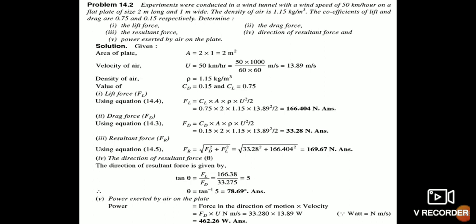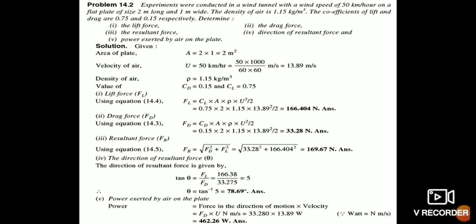So numericals on this particular drag and lift are very easy, we only need to know the formulae. Only two simple formulas are there. One is the drag force FD equal to CD rho A U square divided by 2.